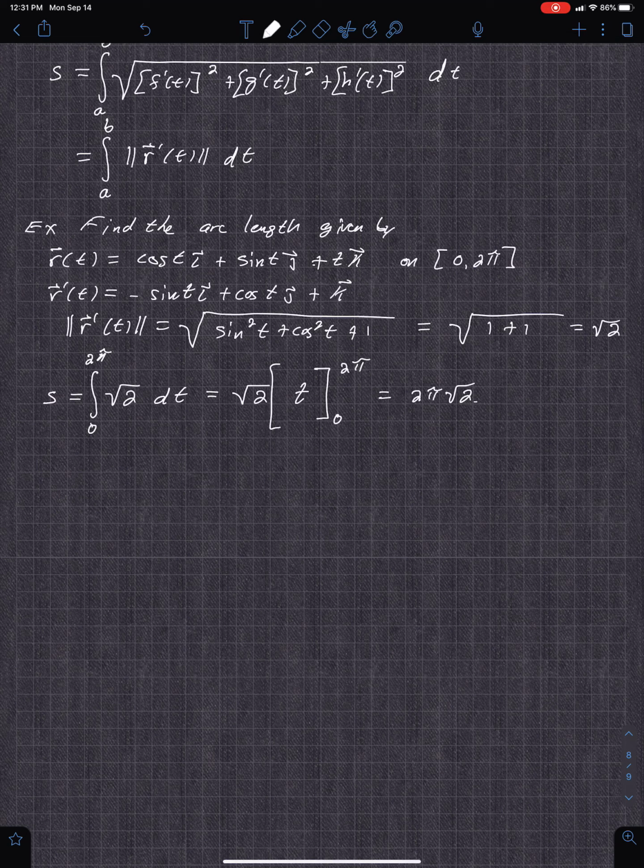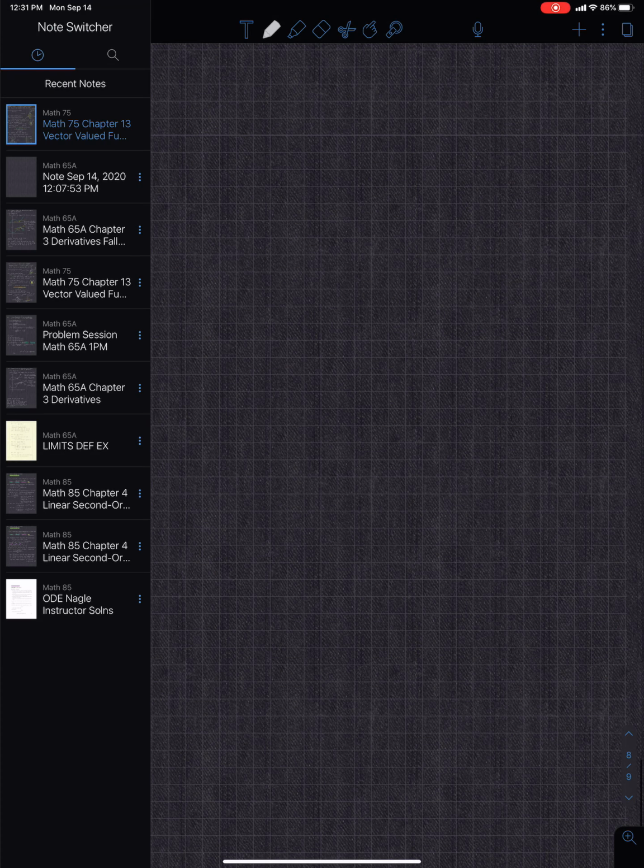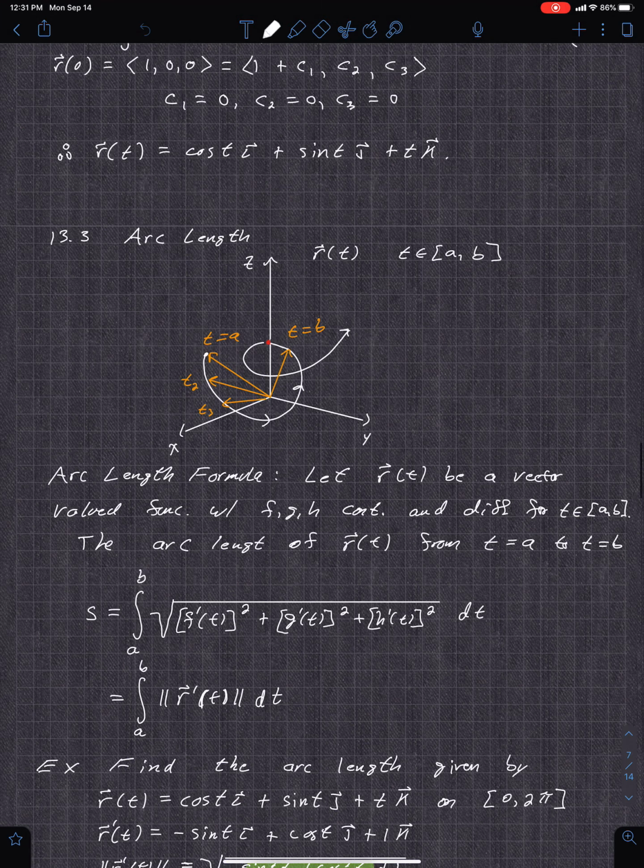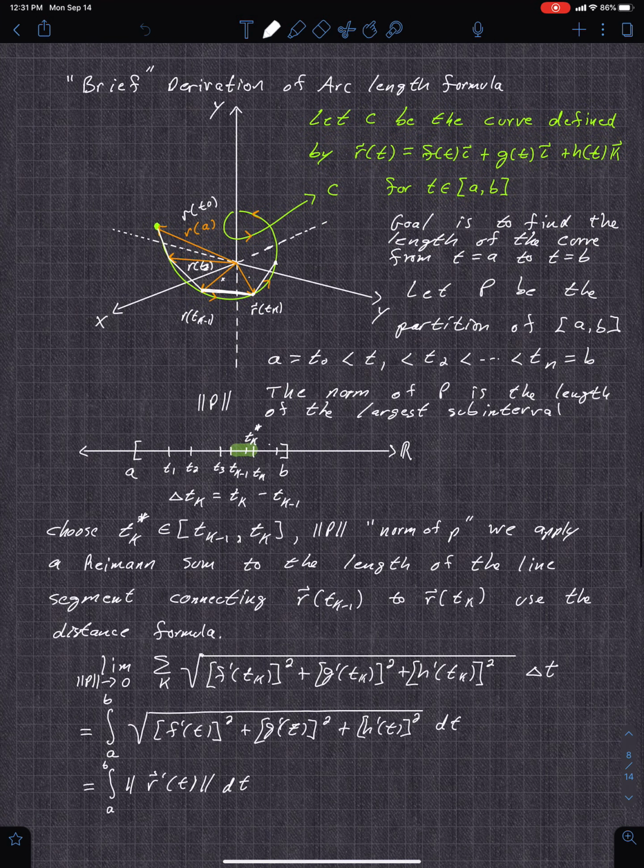So now, let's look at a derivation of this. I'm going to go ahead and copy it because I don't want to spend all this time writing it down. I'll grab that picture, and then I'll write up the rest like I usually do.